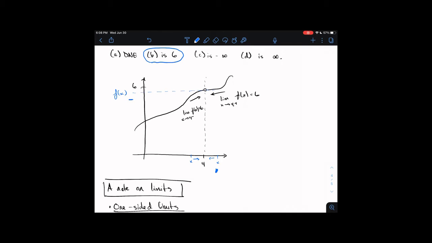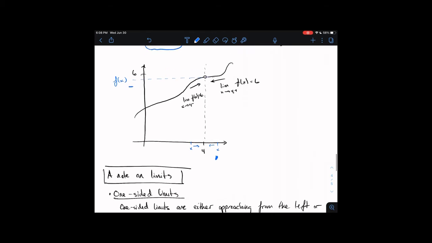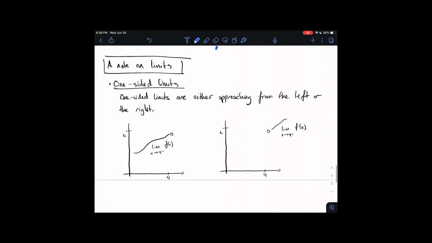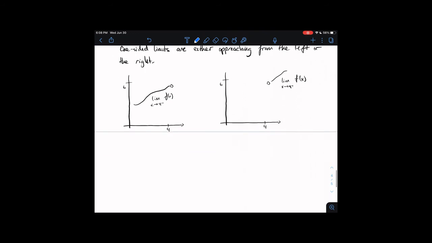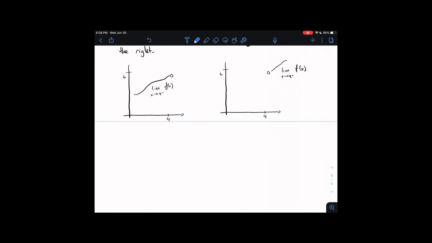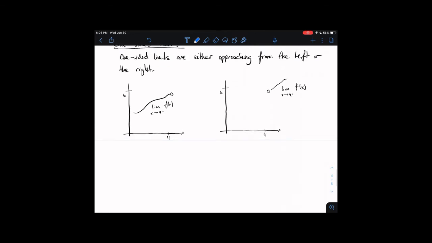Then what we can say is, well, we don't know what f of 4 is because f of 4 doesn't actually exist, but we can get so close to f of 4 that the amount by which we're wrong will be negligible. So basically, it's an estimate, but the estimate you can make as small as you want. So that's the whole point of limits.